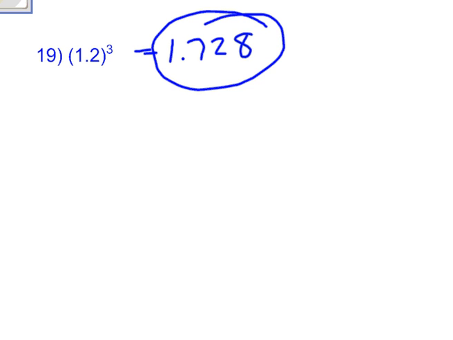Problem 19 is 1.2 to the third power, which is 1.728. Number 20 is 0.8 to the fourth power, which is 0.4096.